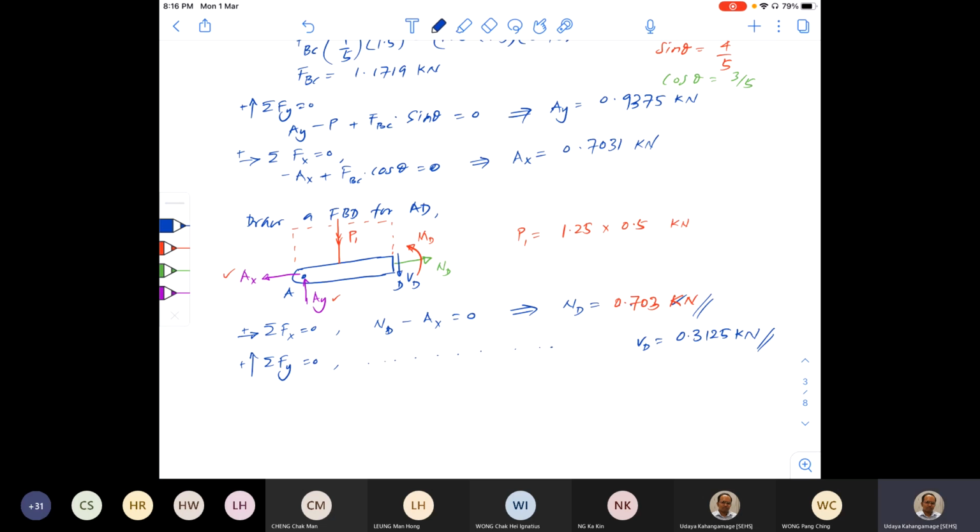Okay, so if I've got that one, now write the moment balance at point D. Summation of all the moments around D should be equal to 0. Now write it by yourself.